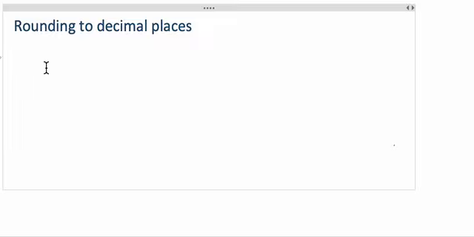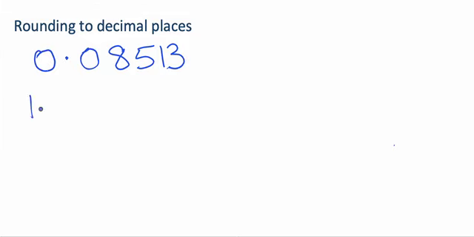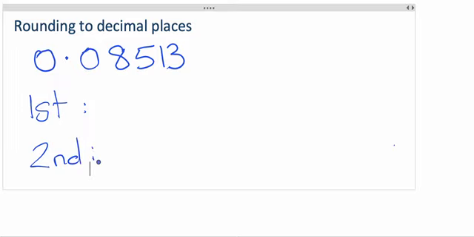If we have a number such as 0.08513, and the question asks us to round this value to the first decimal place and also to the second decimal place. So put the video on pause until you have a go at this, and then when you're ready, press play and we'll work through the answers.